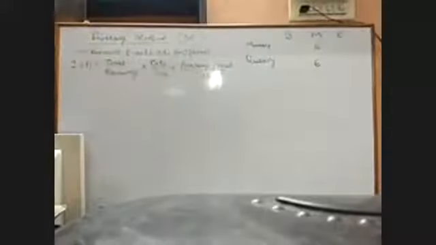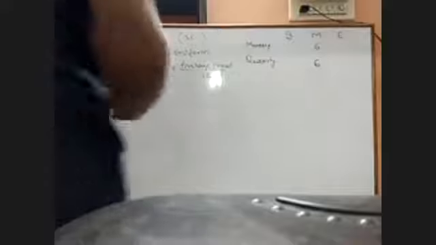Now for mid it will always be 6, whether it is the mid of a month, mid of a quarter, or mid of a half year. Whatever the case, we need to remember it will always be 6 if they give it as mid. Next, a month means a period of 30 days.